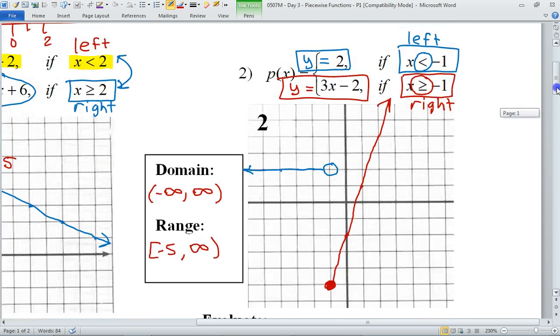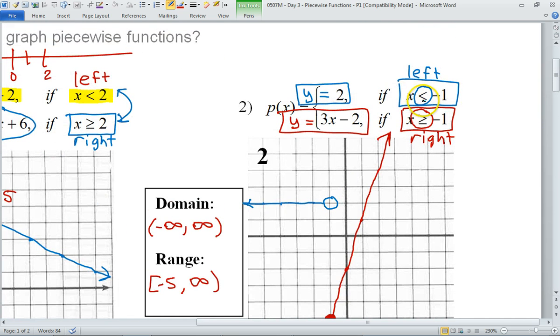Let's see. 0. Is 0 less than -1, or is 0 greater than or equal to -1? ¿Qué opinas? Think of it as a number line. There's 0, okay? Here's -1.